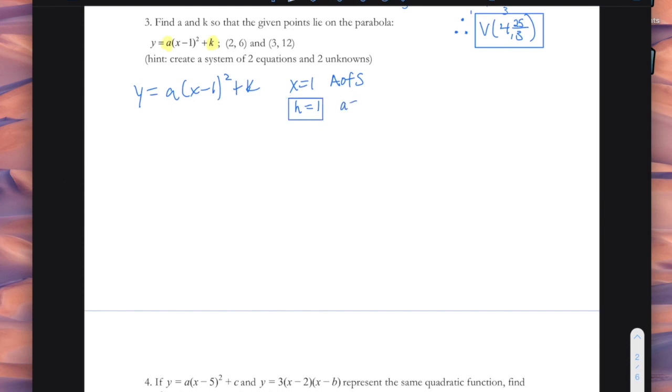It's asking us for K, A and K. So if I have two unknowns, that means I need two pieces of information to get me two equations, and they are right here. So I'm going to take these 2 points and sub them in for x and y to create a system of two equations and two unknowns.